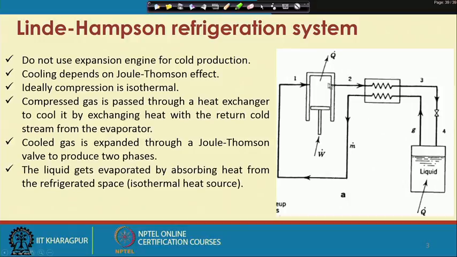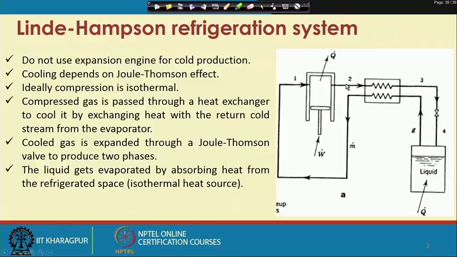After the compressor it goes to state 2, where ideally the temperature will be the same as at point 1; the only difference is that the pressure will be increased, and because the pressure has changed, naturally the other properties like density, enthalpy and entropy will also change.